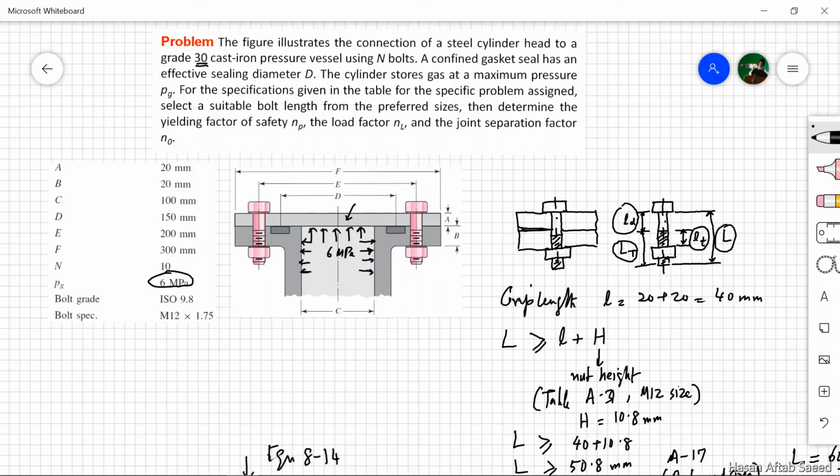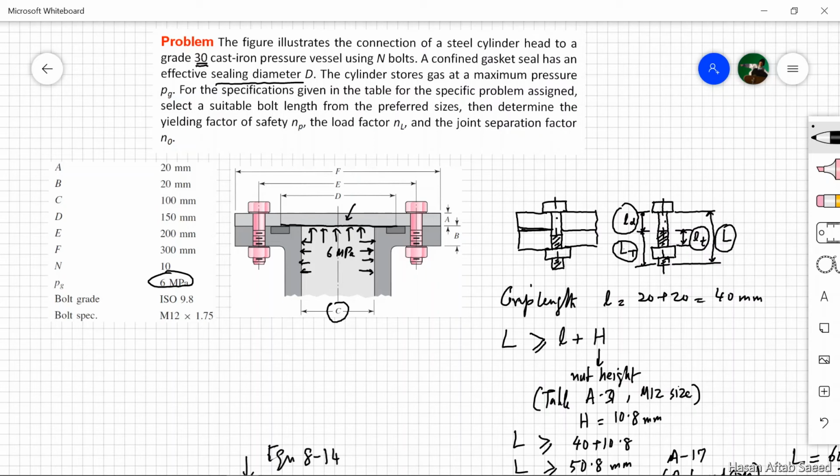It would be tempting to use the C as a diameter for that area, but you have to see that we have been given an effective sealing diameter D, which means that this gas has been confined to this region. It cannot go beyond this.